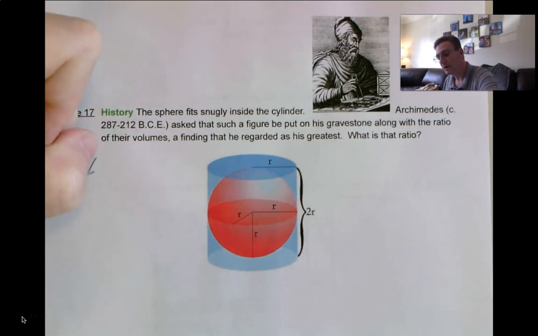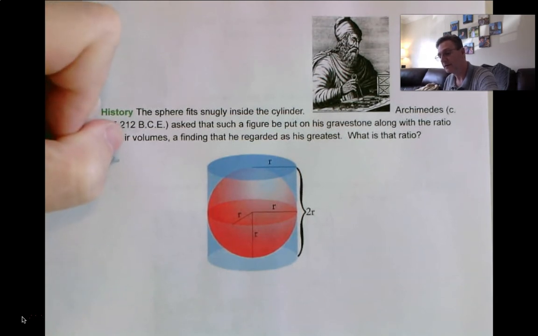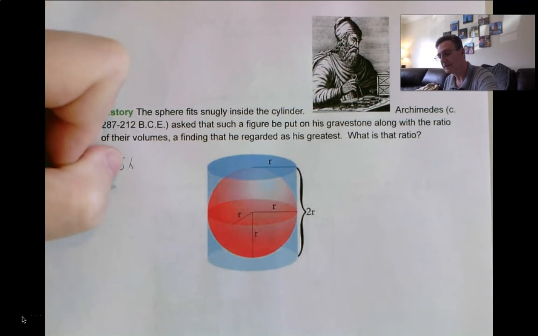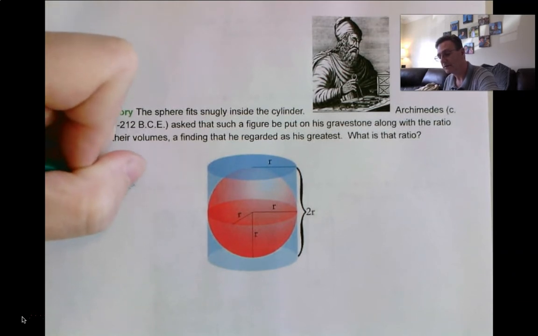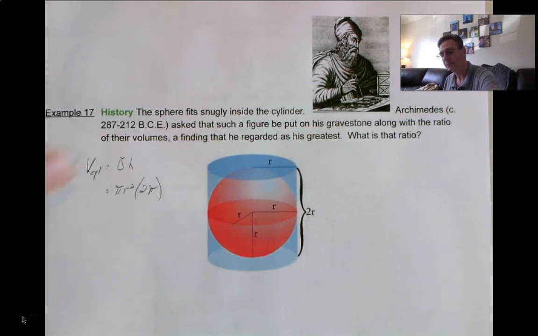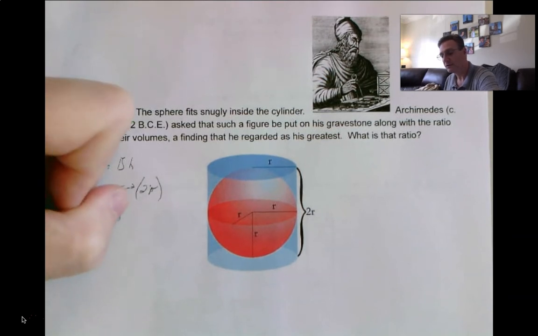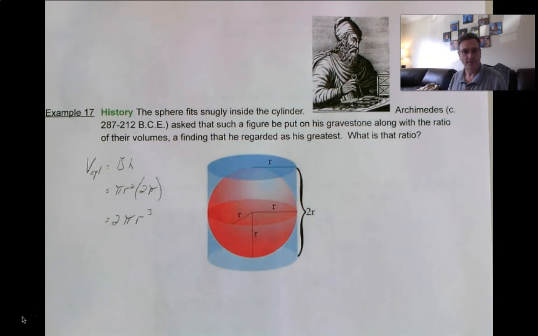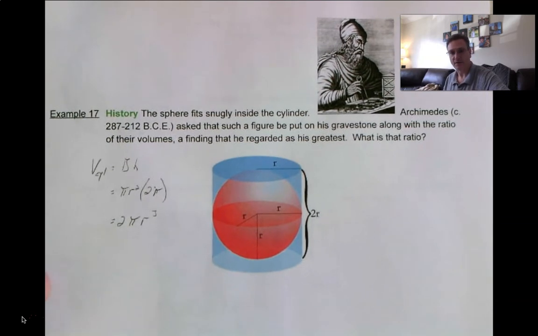What is the volume of the cylinder? So volume of the cylinder is area of the base times the height, area of the base, pi r squared, height 2r, giving us 2 pi r cubed.